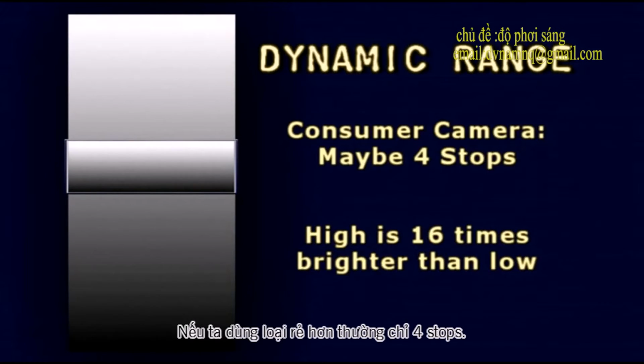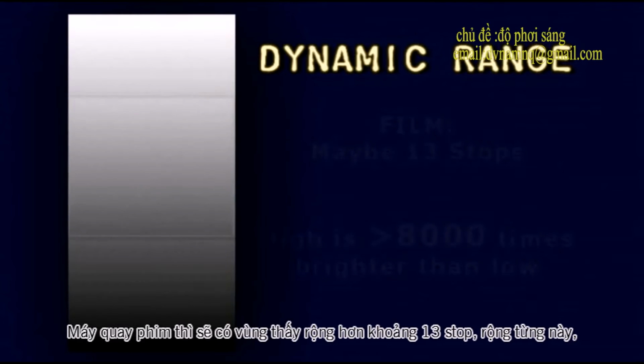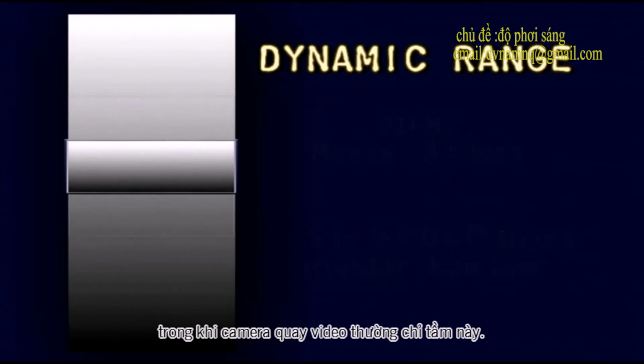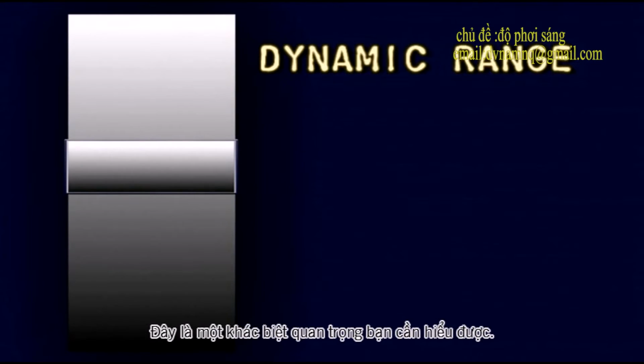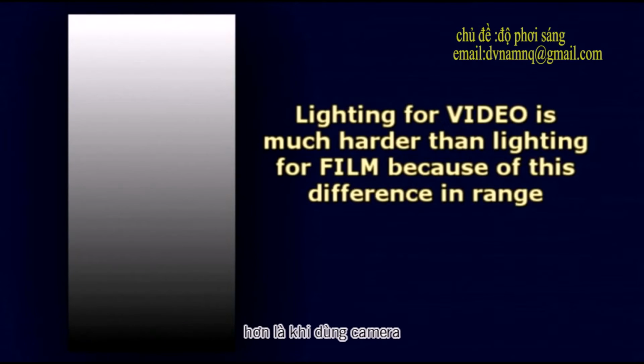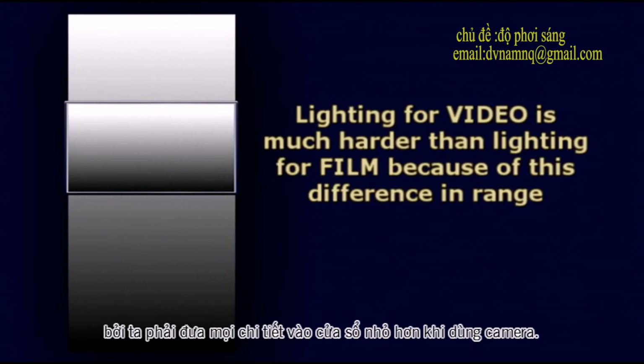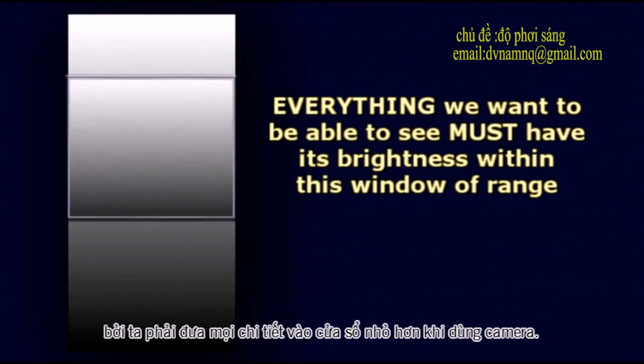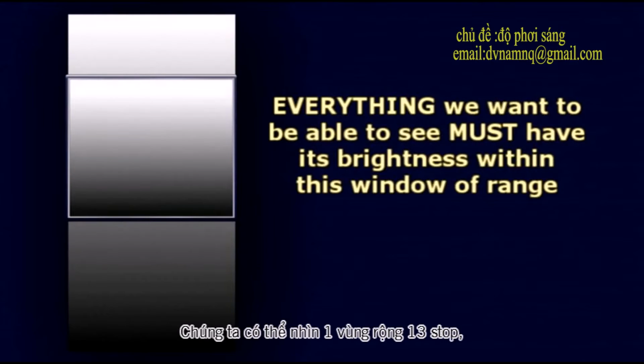I might have 4 stops. If you're shooting film, maybe as much as 13 stops. You might be able to see a big window like this, whereas with a video camera, you might only be able to see this. And this is a huge, important thing to understand. It's easier to light for film than it is for video. Video is harder because we have to fit everything we want to see into this smaller window. Whereas with film, we've got so much more room. You know, it can see 13 stops.